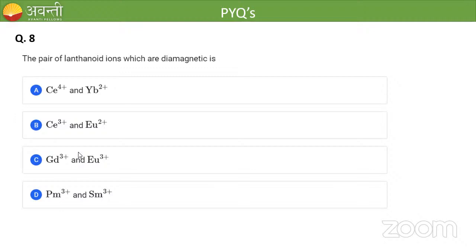If you could not recollect those 4 ions, if you did not study, then it is going to be very difficult. Vaishnavi is going for A. Others?